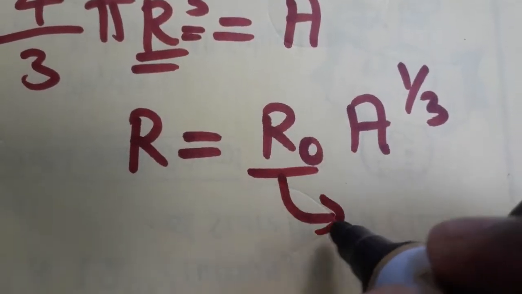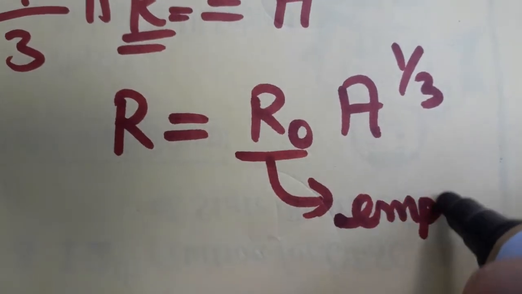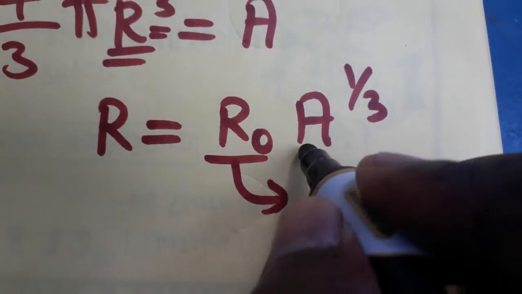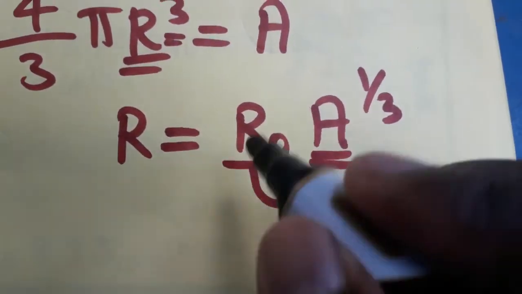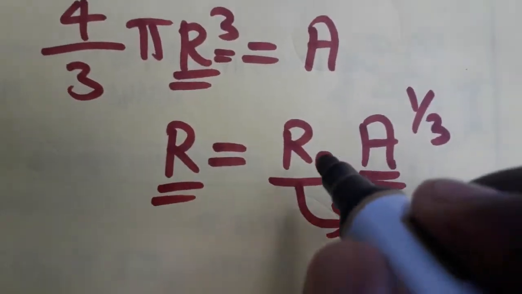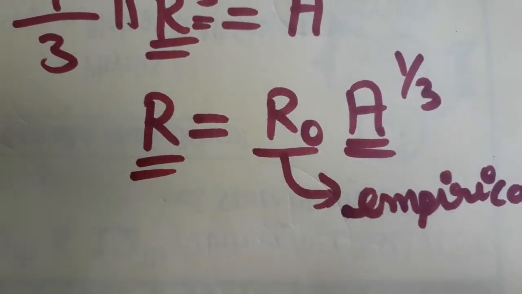What is r naught? r naught is an empirical constant, a nuclear constant.